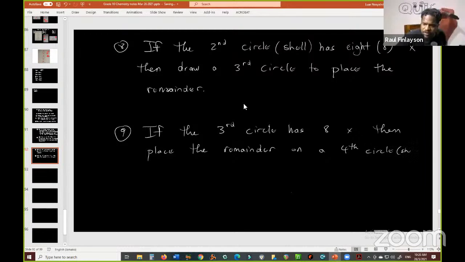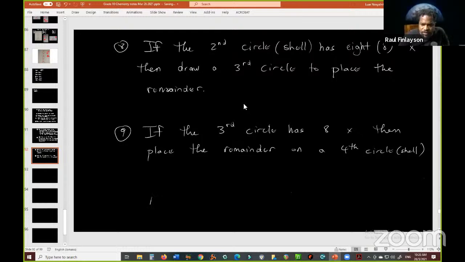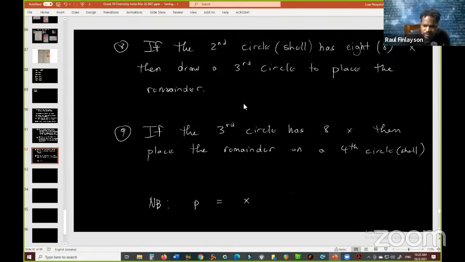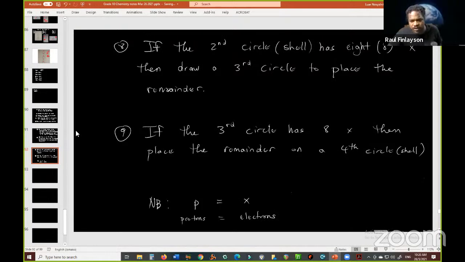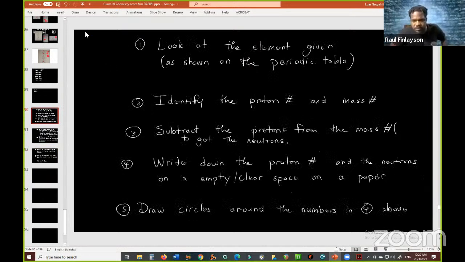And that's it, so we have 9. But note, guys, that P is equal to X, or in other words, protons is equal to electrons. So that's a trick to remember. We're going to follow all of these rules and see how we can draw the atomic structure of various elements.